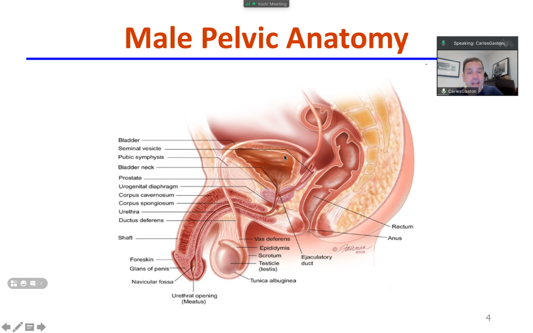It is connected through the vas deferens to other organs, such as the penis, which is composed of the urethral opening, the glans of the penis, the foreskin, and the shaft. The ductus deferens is connected to the testicles.